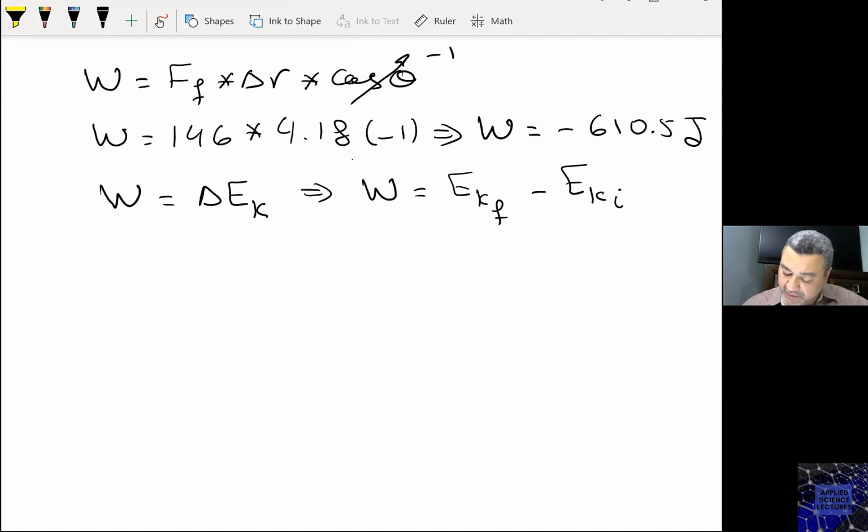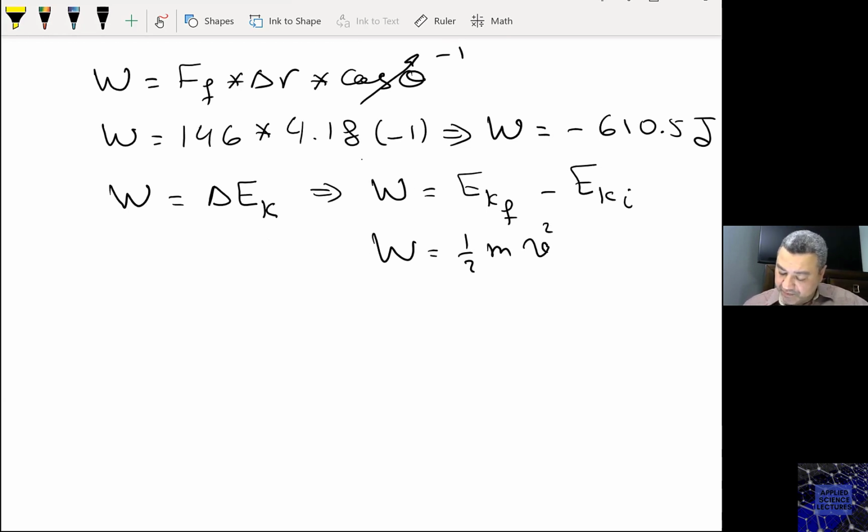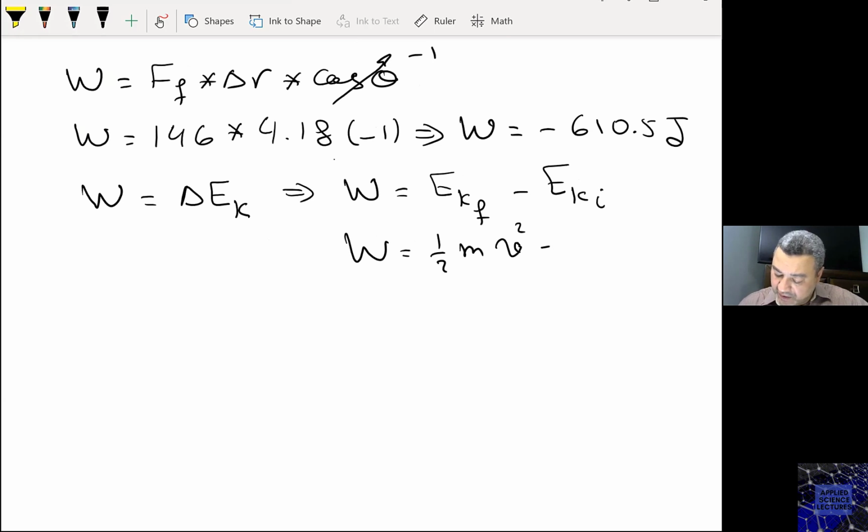So W equals half m v squared minus half m vi squared.